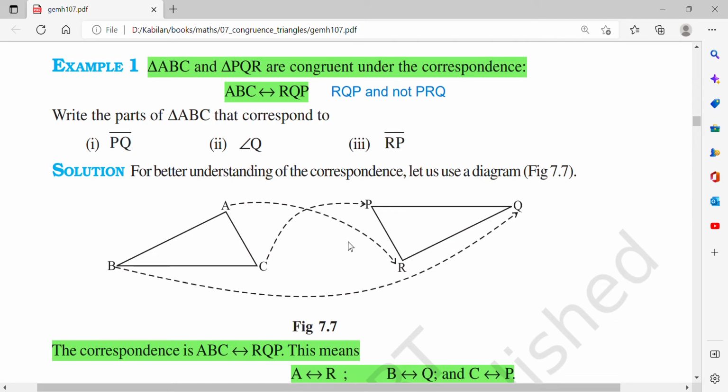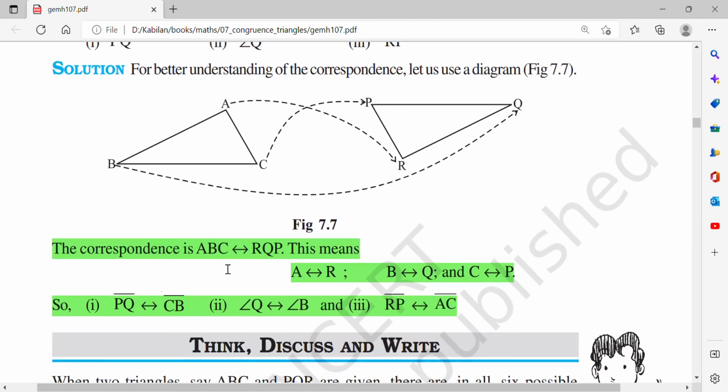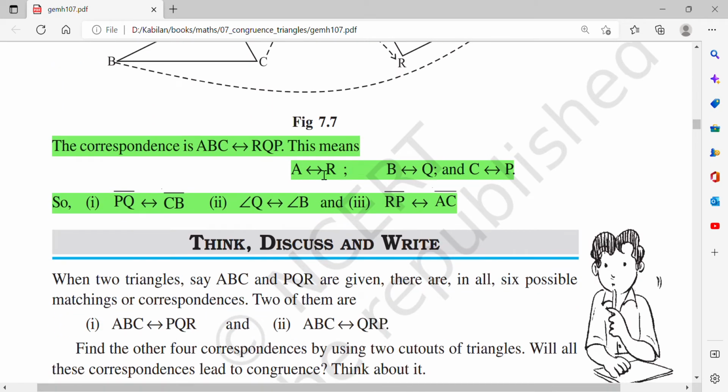Here A corresponds to R, so it has to be written as RQP. So the correspondence is written as RQP. Vertex A corresponds to R, C corresponds to P, and B corresponds to Q. So this should be in this order.